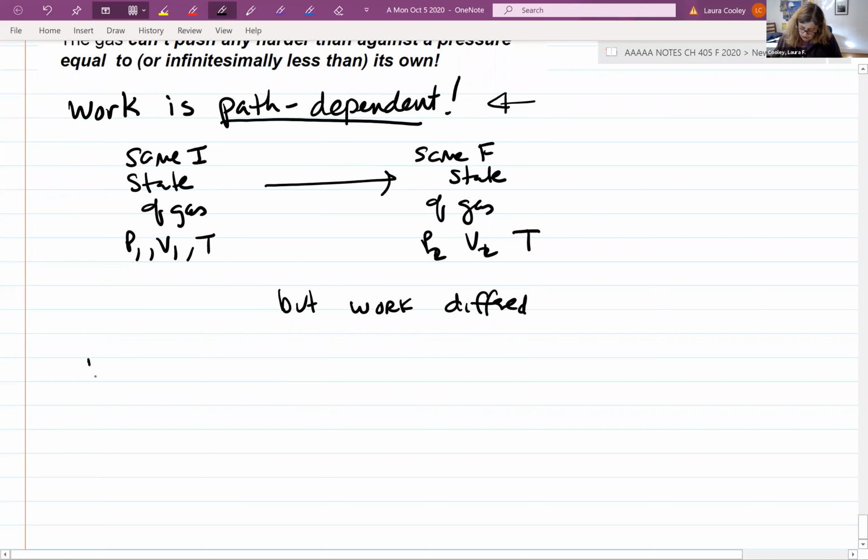Well, what about the internal energy? Does it depend on path?